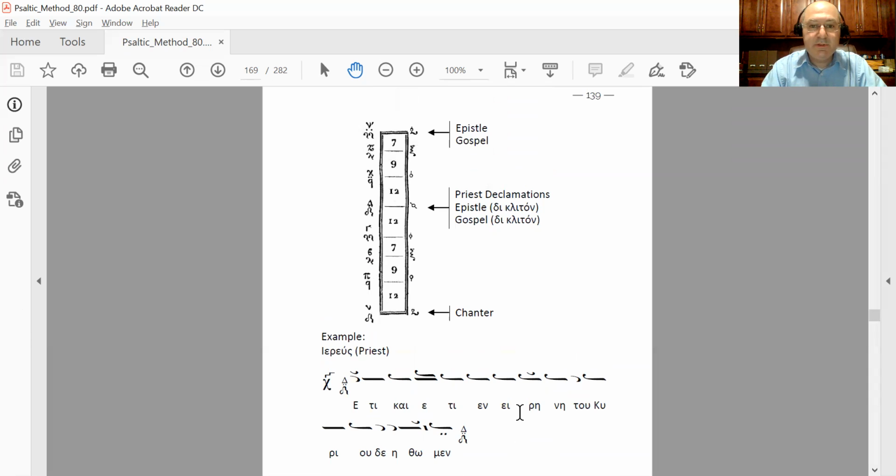The last thing I want to say is, when it comes to the epistle or the gospel, you follow the kliton, which when placed on thee is going to change these intervals. If you remember, the kliton does nothing more than require this ga to be closer to thee and this vu closer to ga.